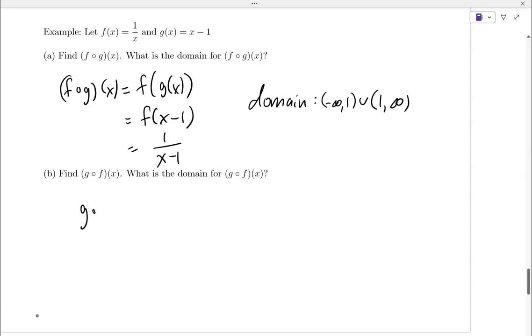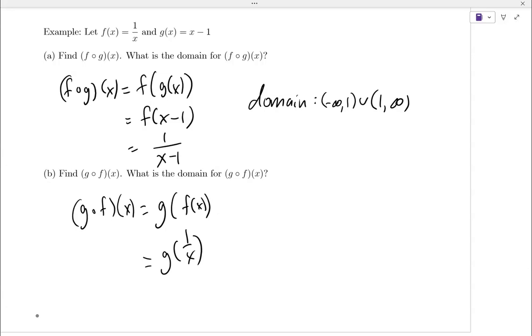Yeah, so remember, this is g composed with f, means we do g of f of x. So what are we looking for? And g of 1 over x, right? The f of x in this case is 1 over x, so we really want g of 1 over x. What is g of 1 over x equal to? 1 over x, and then the minus 1's on the end, right?